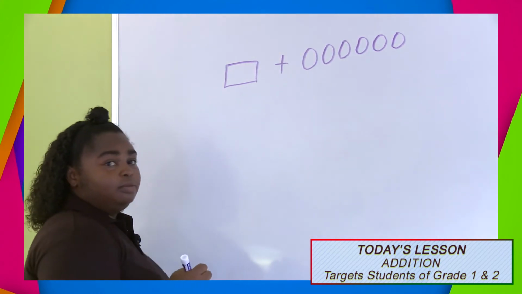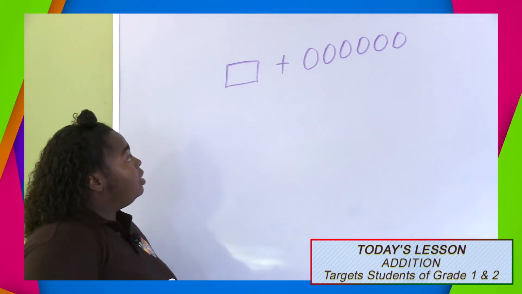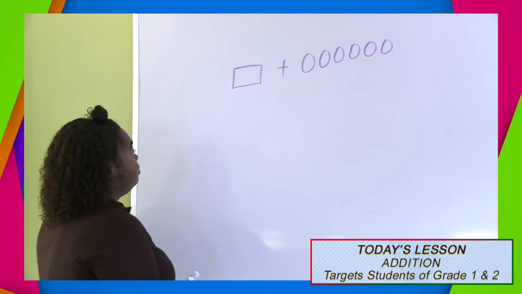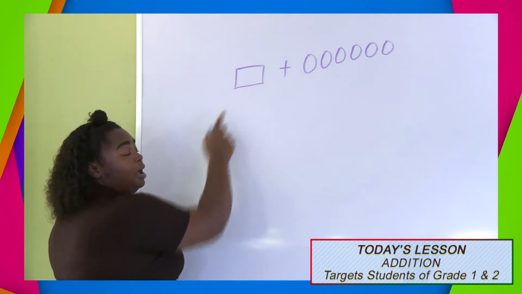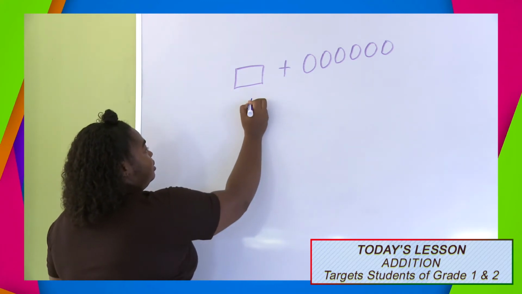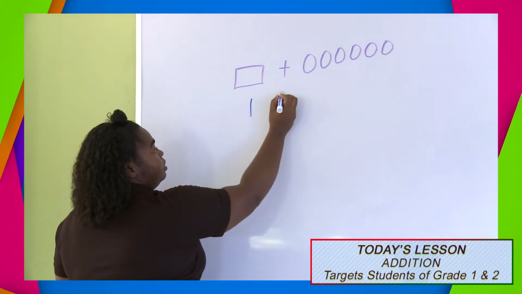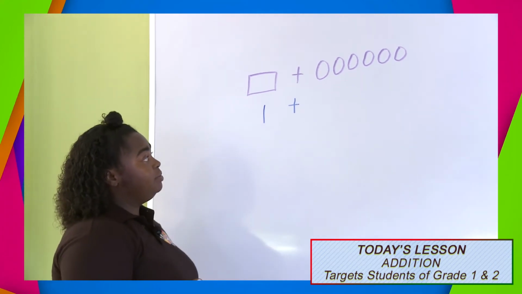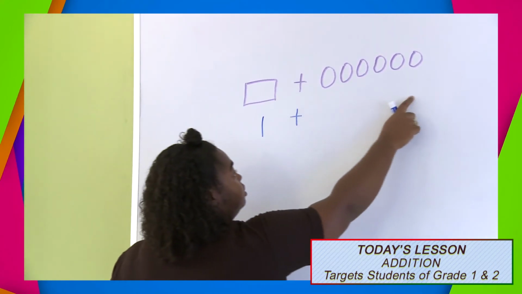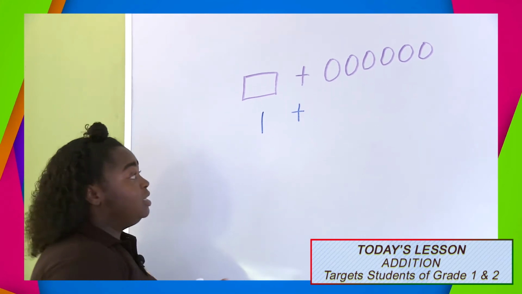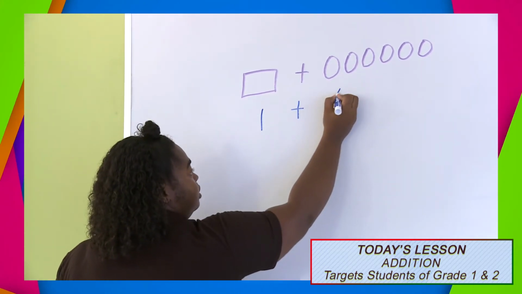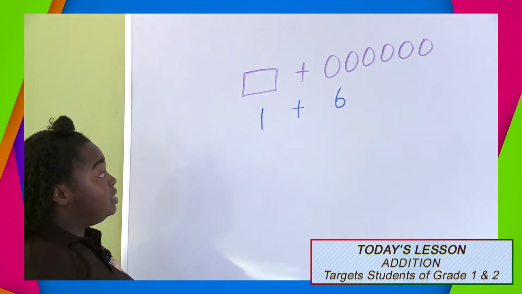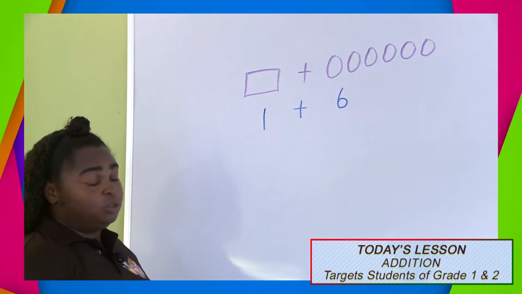Do you have it? Great. Now, let's put our numbers to represent the shapes that we have. How many squares do you have? 1. Put your 1 down. Please remember your sign. We're doing addition. And how many circles do we have? 6. So what are you going to do? Yes, we're going to put our 6 down. And now it's time for us to find the total.